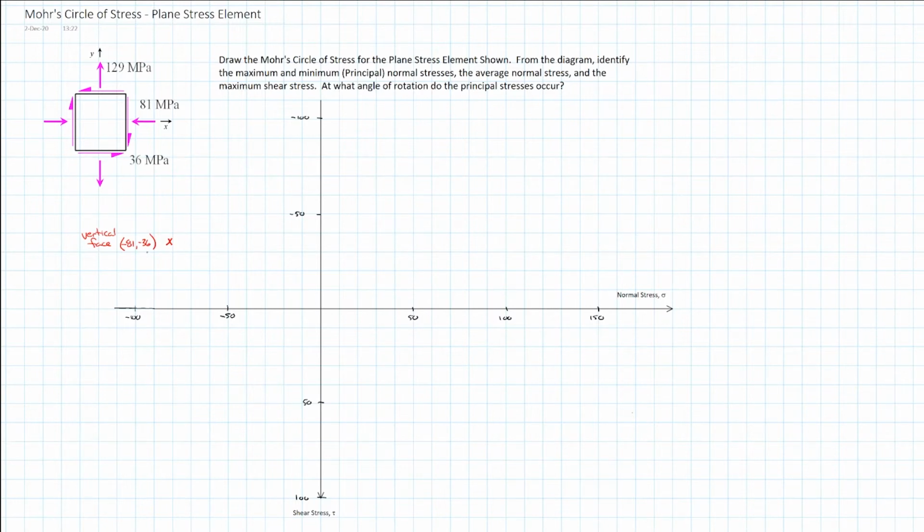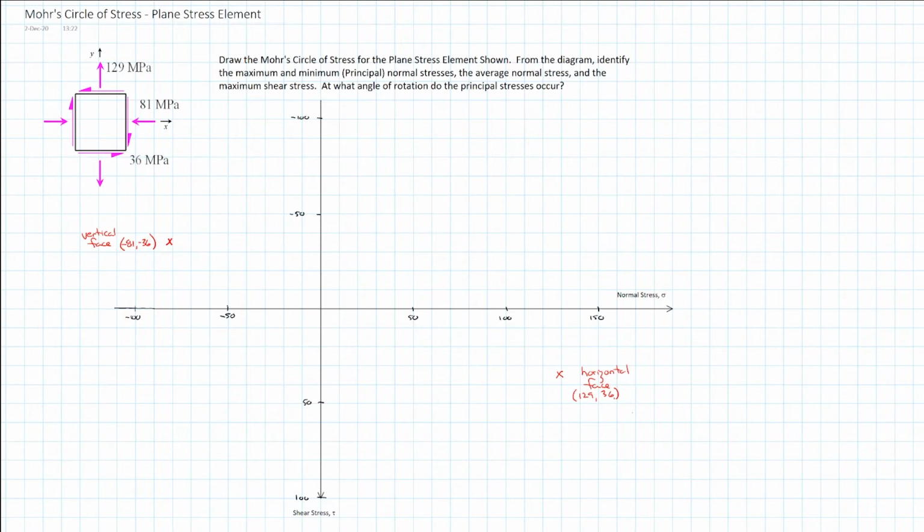And then I'm going to plot the horizontal face, which is at positive 129 and negative 36, but in this case we actually do the negative tau xy, so we're going to be plotting it at positive 129, positive 36. And right about here we should have the horizontal face, and plot coordinates for that, as we mentioned, were 129, 36.